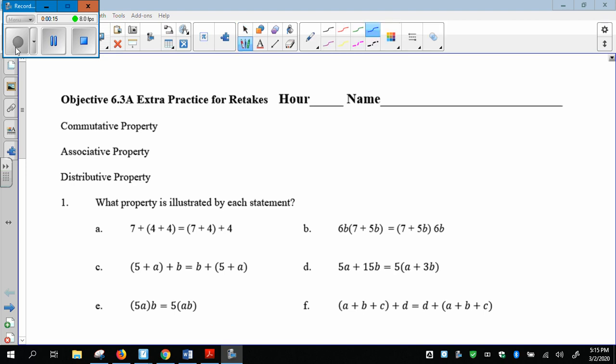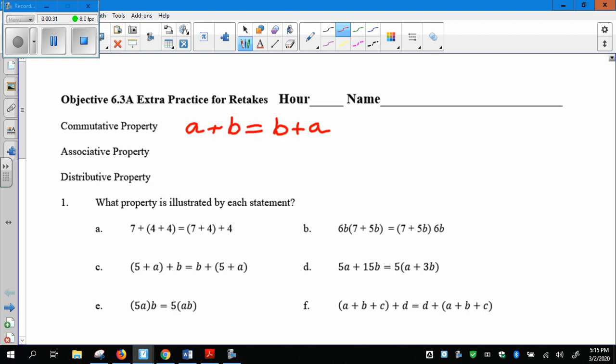There's three properties that you need to know: the commutative property, the associative property, and the distributive property. The commutative property is the one where you can change the order of the numbers and the value stays the same. That also works with multiplication.